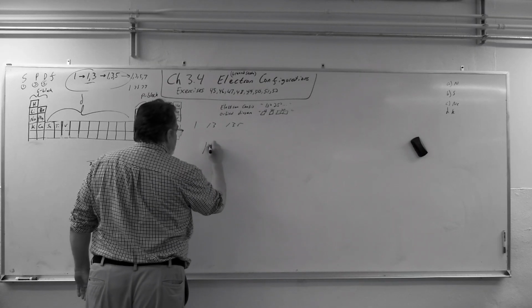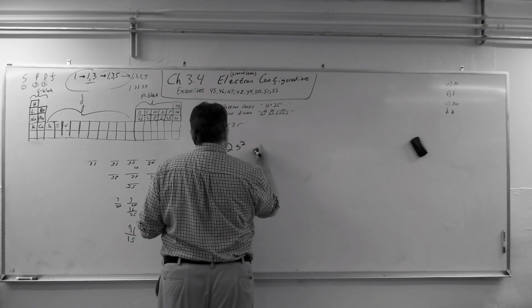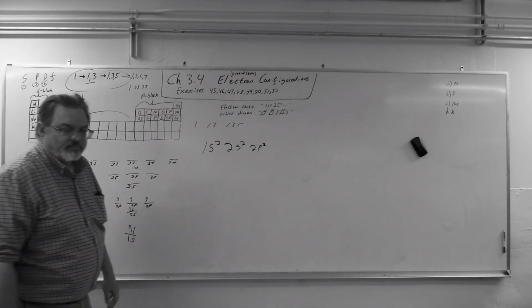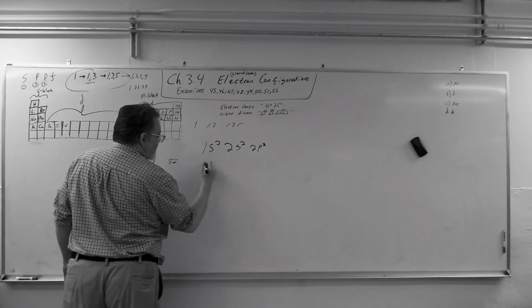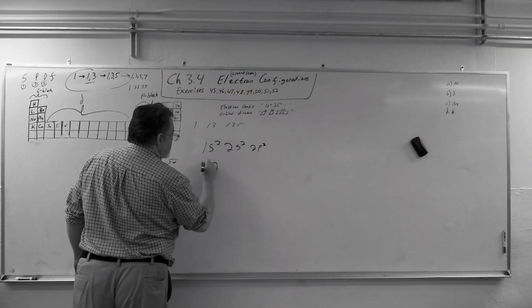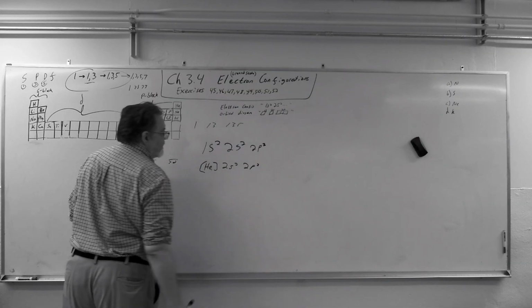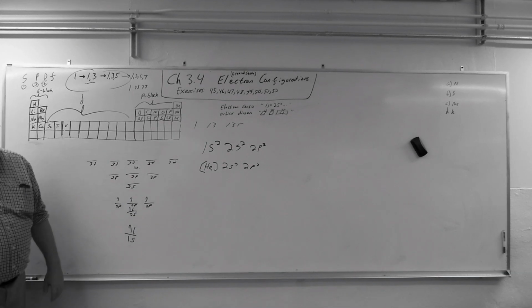1s2, 2s2, 2p3, and that's it. You could also do this as, we replace the 1s as helium, but it really doesn't make it shorter here. 2 different ways you could represent. Really, there's 3 different ways on the board that you could represent nitrogen.